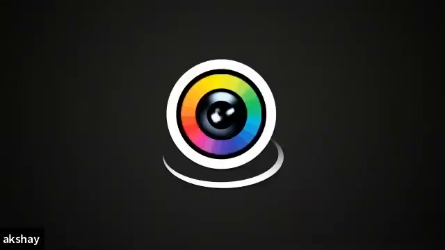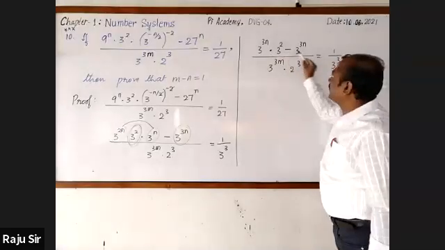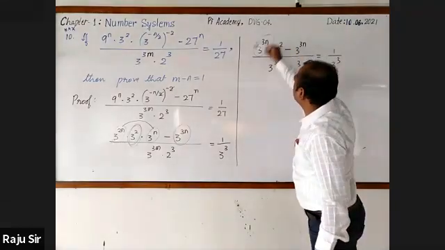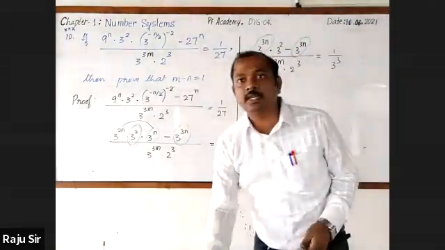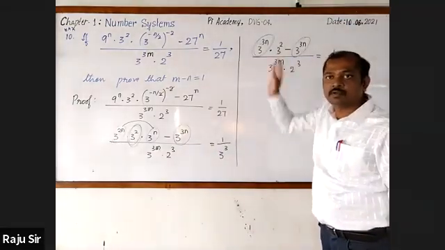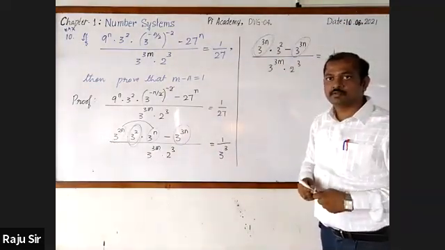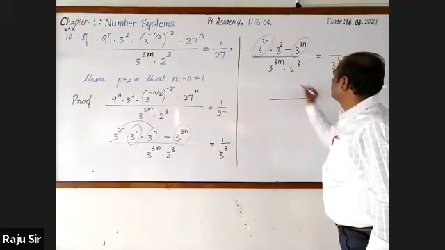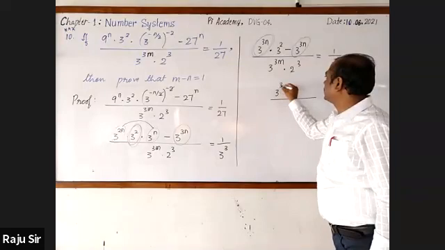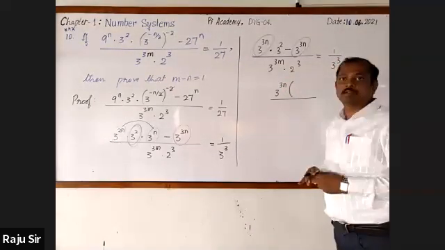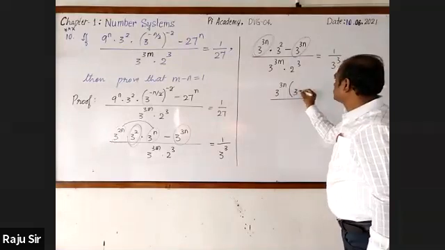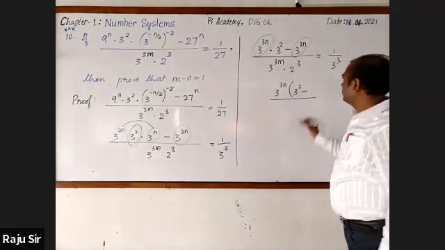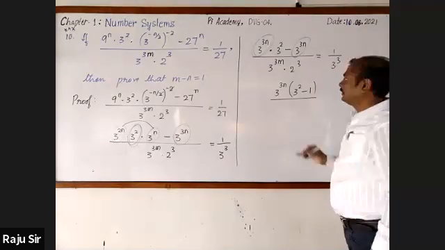Now you just observe only the numerator. In the numerator you can come to know that 3 raised to the power 3n is a common factor. Got it? Yes, sir. Now you write. In the first term, 3 square will remain, minus 1 will remain.